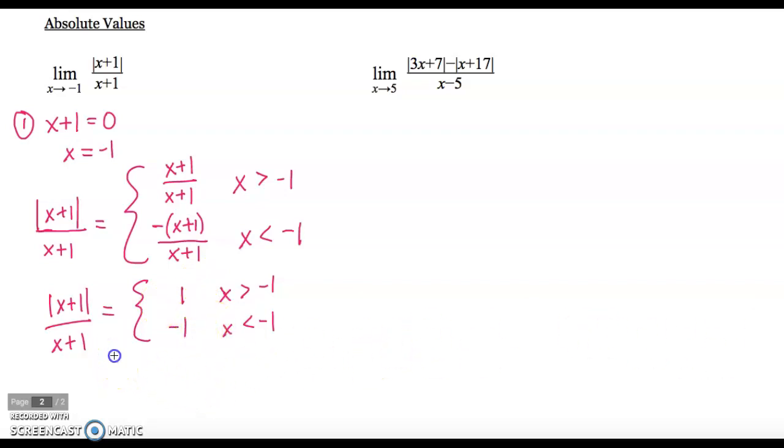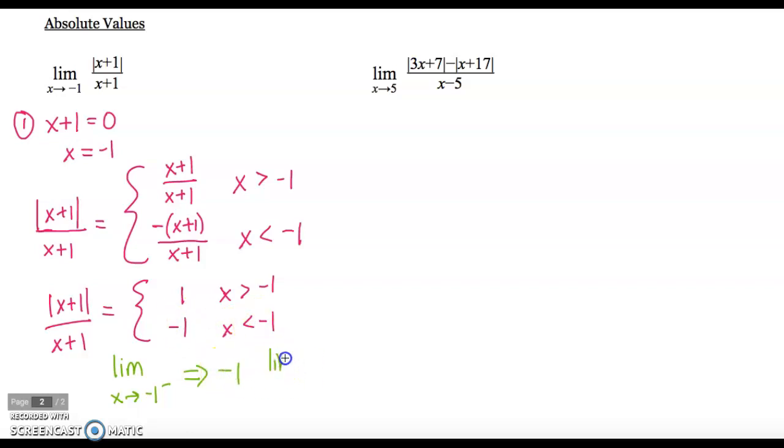So if I was going to do the limit of this function as x approaches, oh gosh, sorry, I got craziness happening right now. So as we have the limit as x approaches -1 from the left-hand side, if we look at values just less than -1, we'd get -1 as our answer.